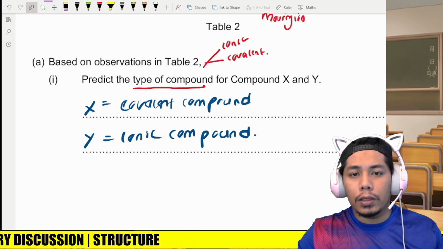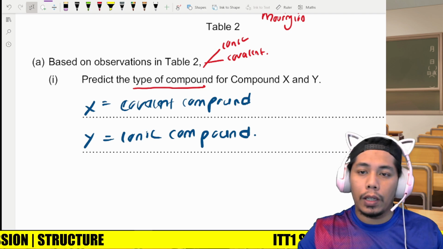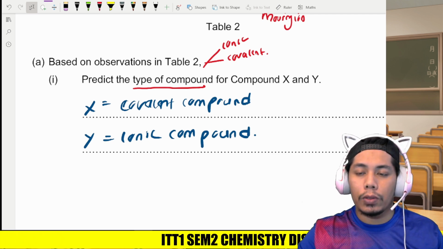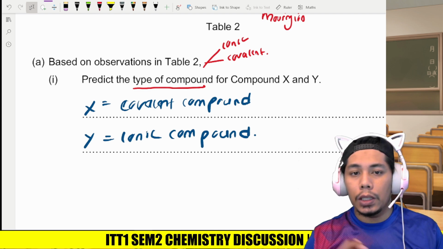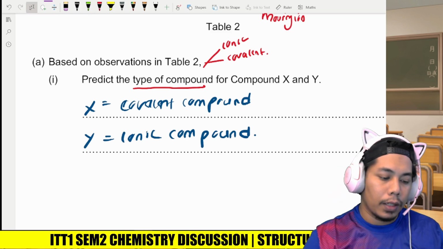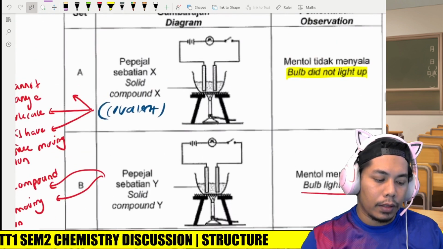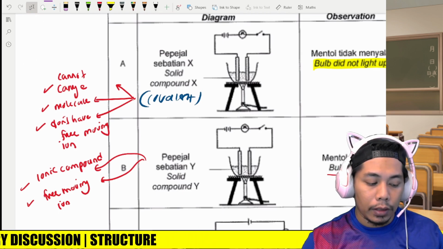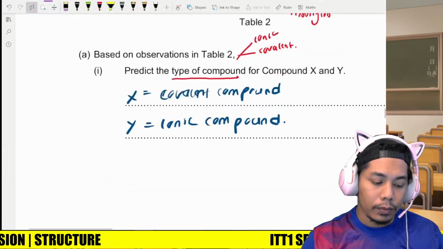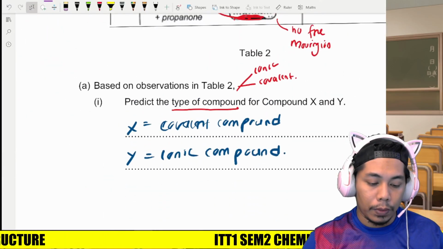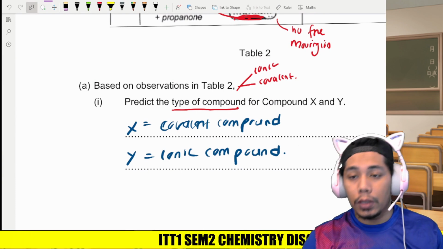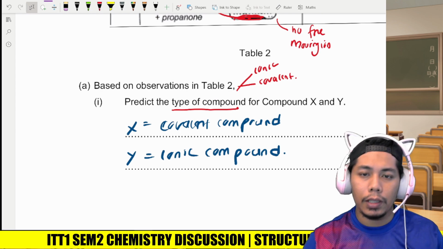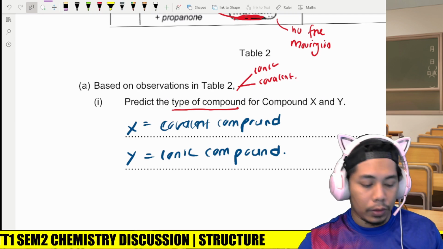A1: predict the type of compound for X and Y. As I discussed earlier, the compound must have two possible answers: ionic compound or covalent compound. Compound X, we already wrote there, is covalent because it cannot carry electricity, and Y can carry electricity, so it is an ionic compound. So X is covalent and Y is ionic compound, so you get 2 marks. Don't answer anything other than that, like Y is metal or Y is acid. The answer is only 2: ionic compound or covalent compound.